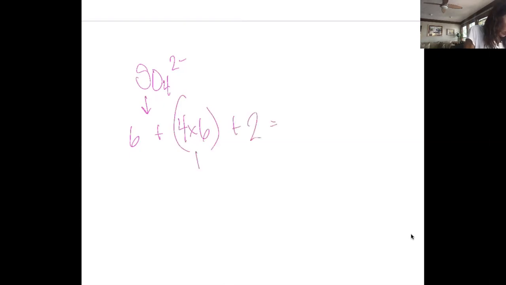This is what, 24 plus 6 plus 2 equals 32 electrons. All right. Okay. So I'm going to go ahead and bust it out because I know what's going to happen. All right. So that's my 2, 4, 6, 8, 10, 12, 14, 16, 18, 20, 22, 24, 26, 28, 30, 32. Boom. Okay.